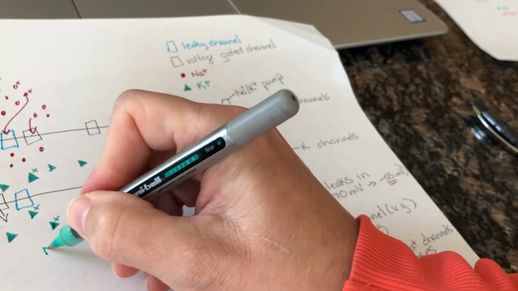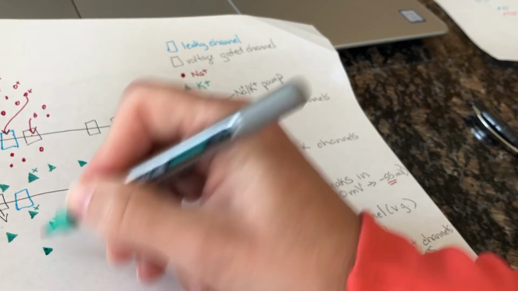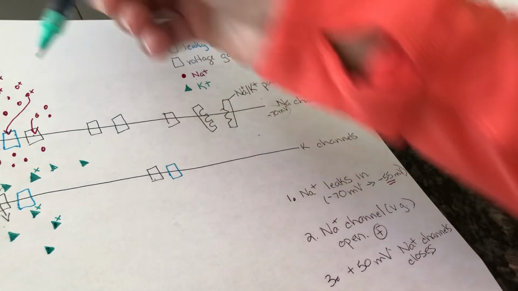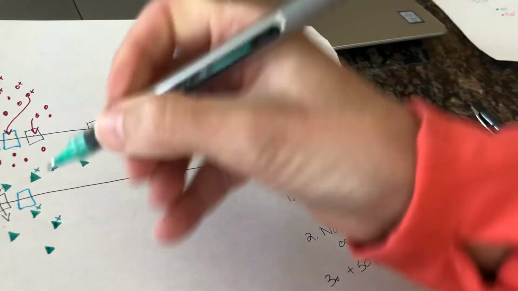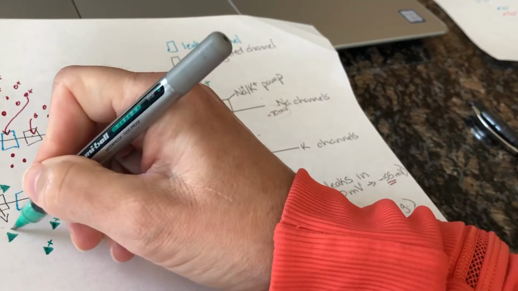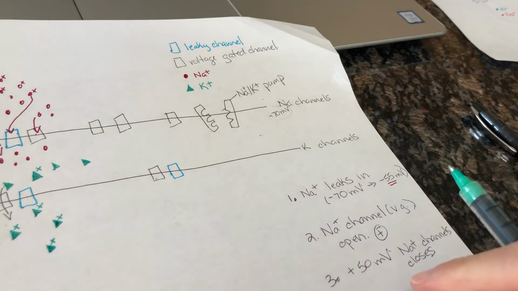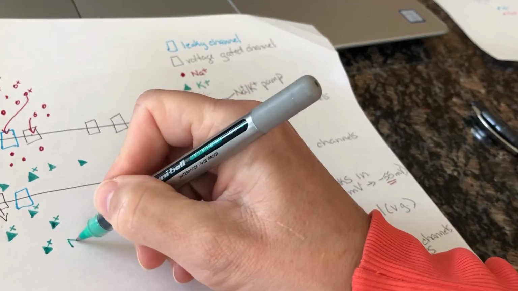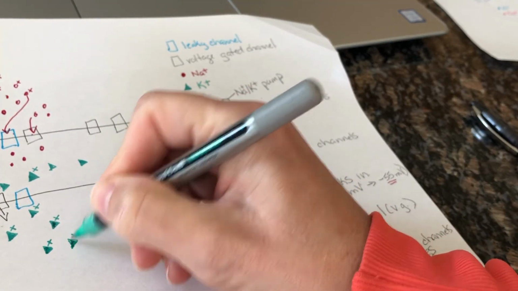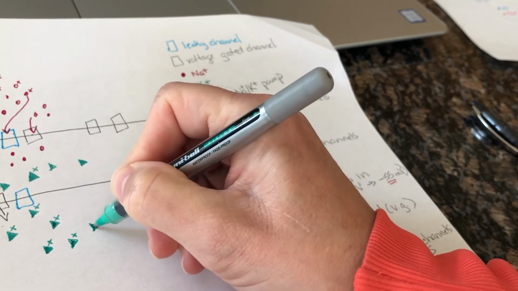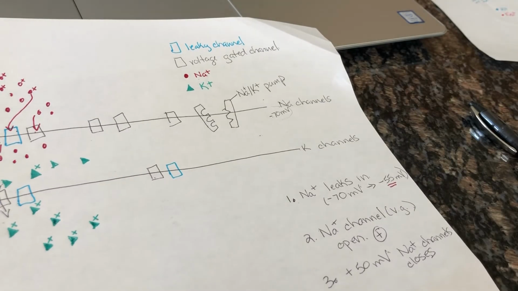Because there's so much positive charge in there, it is repelled outside of that neuron. That's going to help to restore our negative potential.